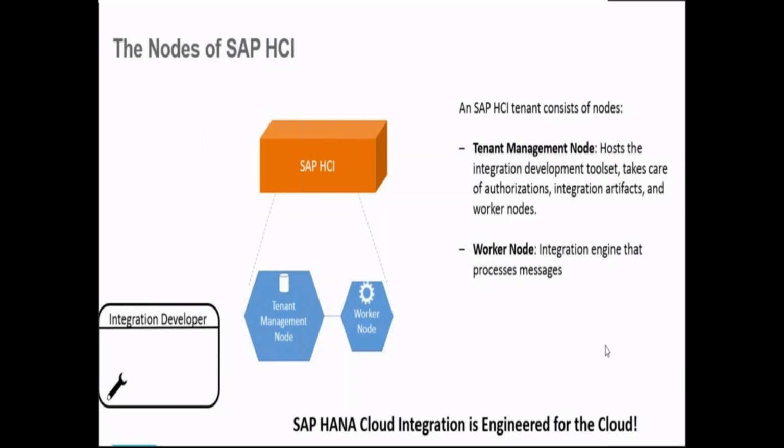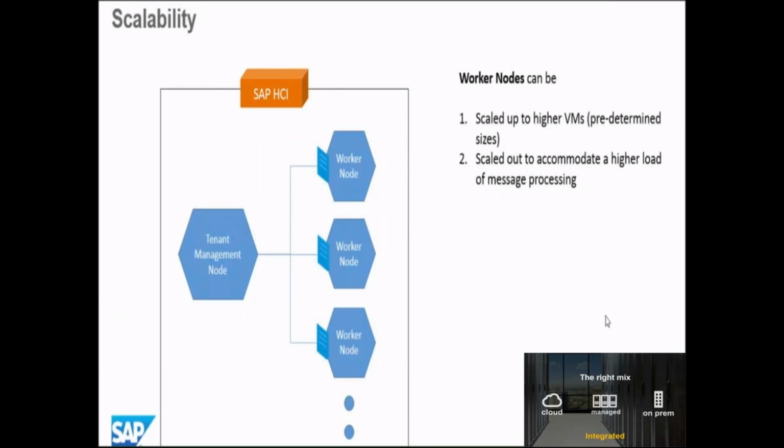Okay, so you have the tenant management node, you have the worker node. Okay, so why did they go for this type of architecture? Okay, so the pro of this architecture is you have the scalability option.